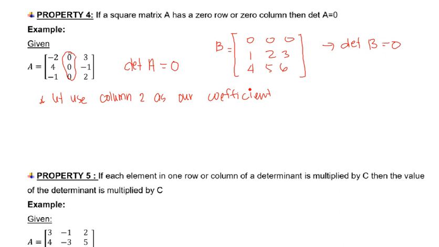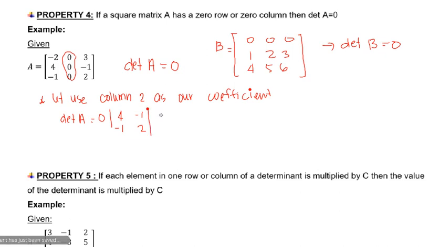So pag ginamit natin itong coefficient times yung mga leftover, that is 0, 0 yun yung lalabas. So let's say we have determinant of A is equal to yung coefficient natin, una, 0, times kahit i-multiply mo pa yan sa ating leftover, which is 4, negative 1, negative 1, and 2.